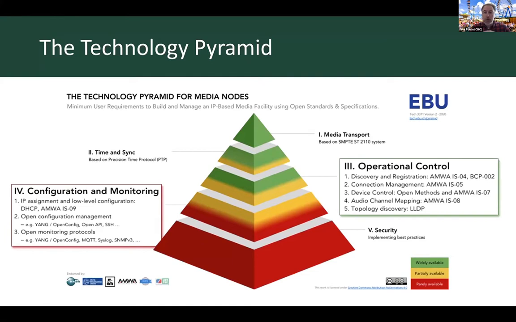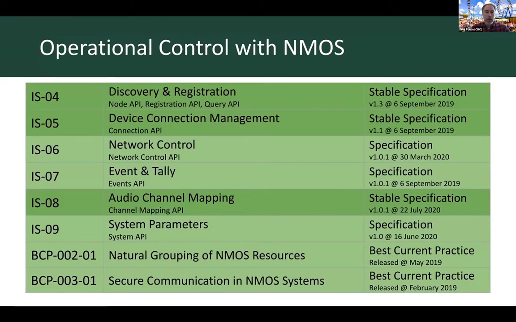It's all covered or almost covered by NMOS. And a little bit also of the configuration part, where ISO 9 is there to provide common parameters for low-level configuration.